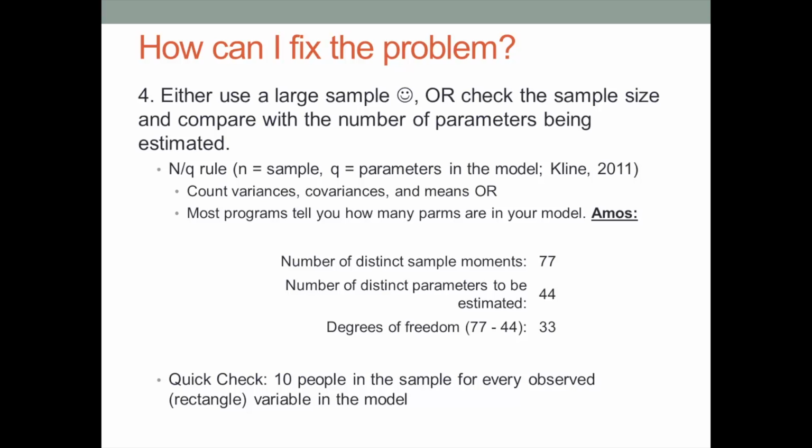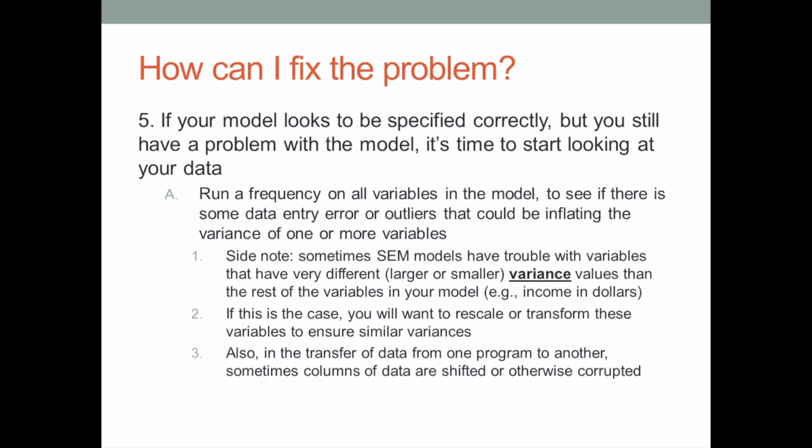And when you start to push that ratio to below 10 to 1, then you increase your likelihood of having a difficult error that you're not quite sure what to do with. If it looks like your model's specified correctly, but you still are getting these error messages, it's time to start looking at your data.